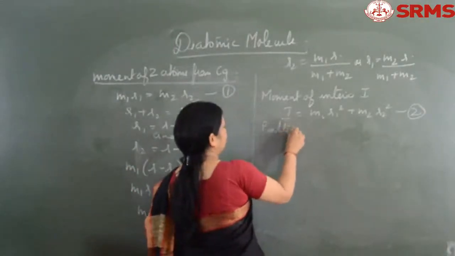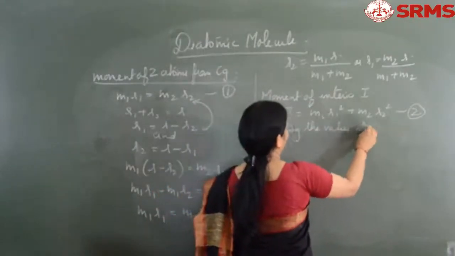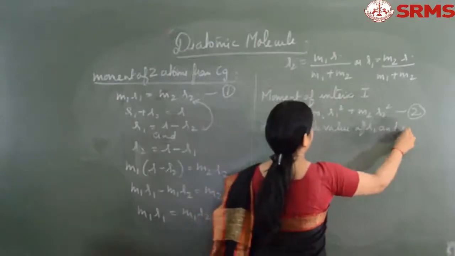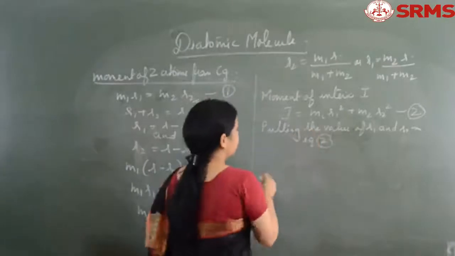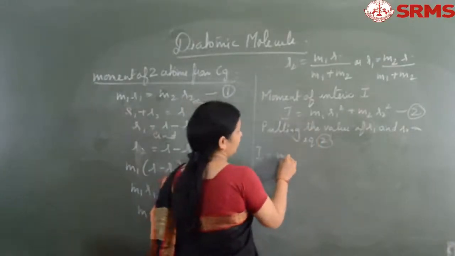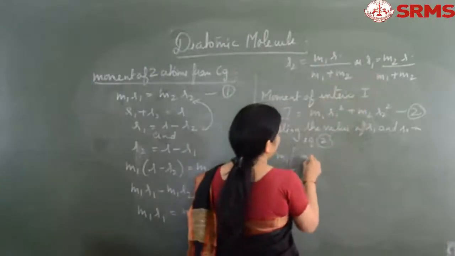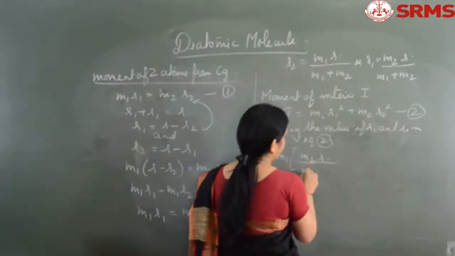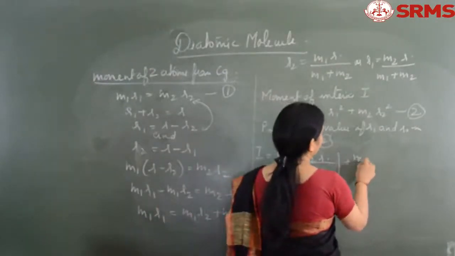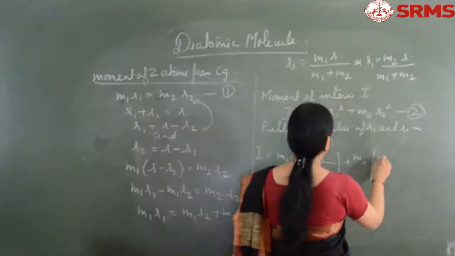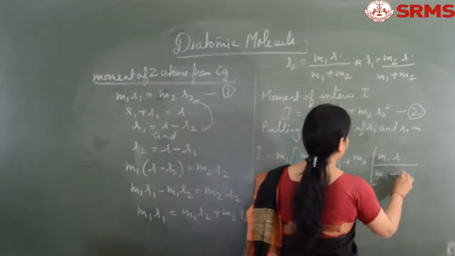Putting the values of r1 and r2 in equation 2, I am going to get I is equal to m1 times m2 r over m1 plus m2, plus m2 times m1 r over m1 plus m2.